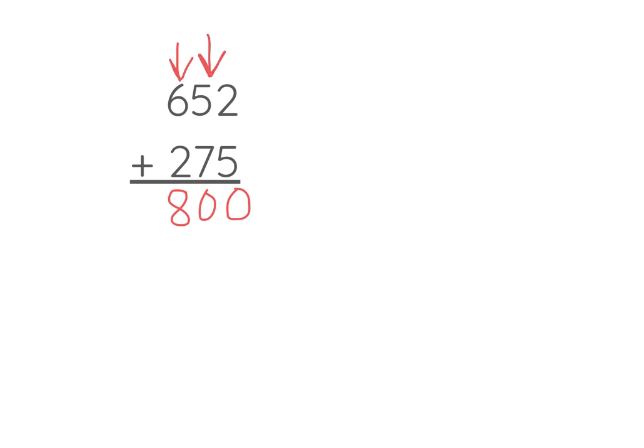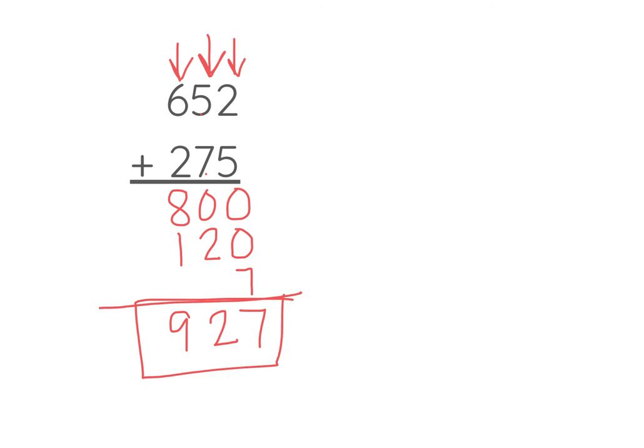Add your tens, 50 plus 70 and get 120, which goes in the hundreds, 20. And then 2 plus 5 is 7. So you put it clear over in the ones column to get 927.